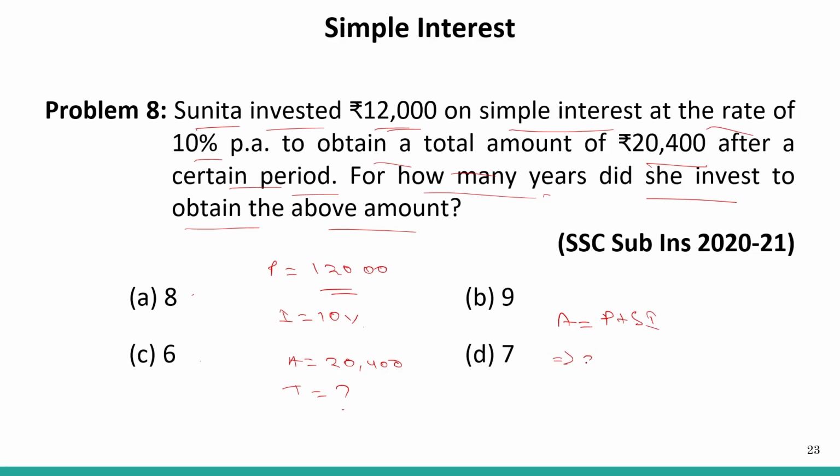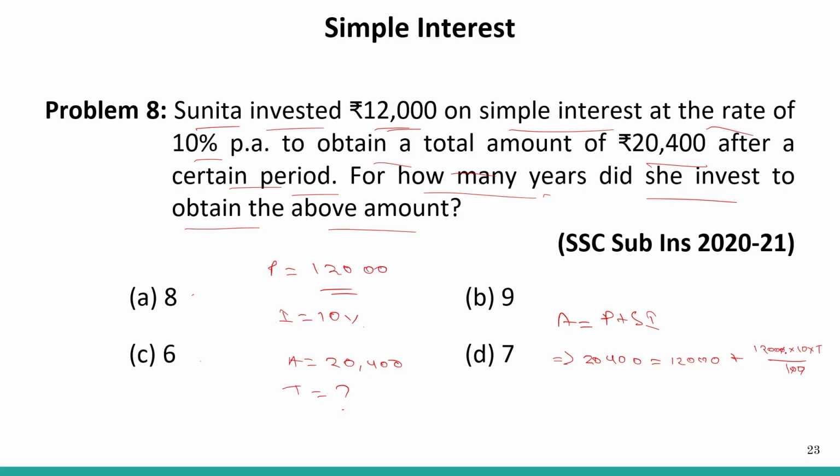So 20,400 is equal to 12,000 plus SI, and SI is equal to PRT by 100, so P is 12,000 into R is 10 into T, which is unknown here, by 100, right?